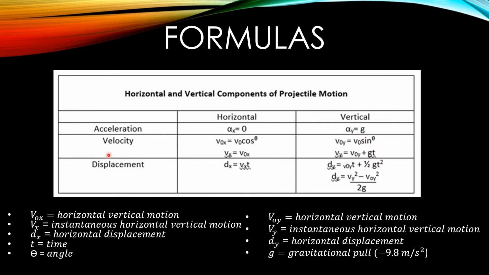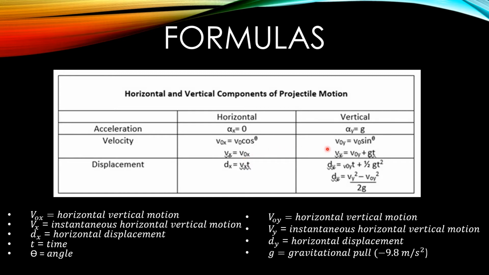Next, we have the velocity. Initial horizontal velocity is equal to the initial velocity times cosine theta. On the other hand, the instantaneous horizontal velocity is equal to the initial horizontal velocity. So when we say instantaneous velocity, we are referring to the instant velocity of an object at a certain point in a given time.